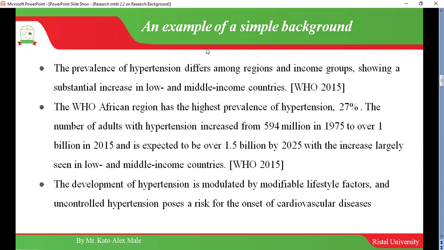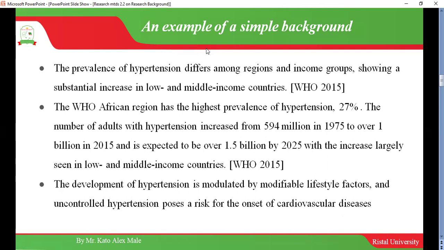The number of adults with hypertension increased from 594 million in 1975 to over 1 billion in 2015, and it's expected to be over 1 billion by 2025, with an increase largely seen in low and middle income countries. That is still from the World Health Organization report of 2015.